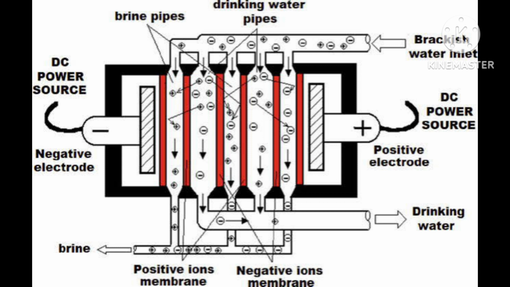For example, sodium chloride, the common salt also called table salt that we use in the kitchen. When dissolved in water, it ionizes and produces cation and anion, that is Na plus and Cl minus.